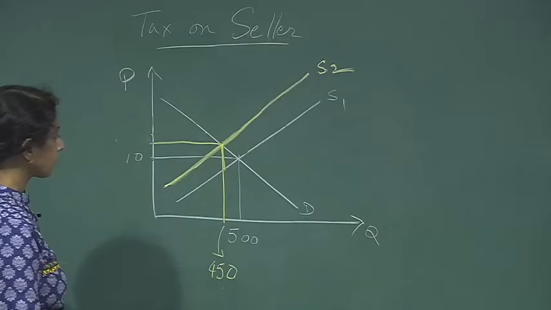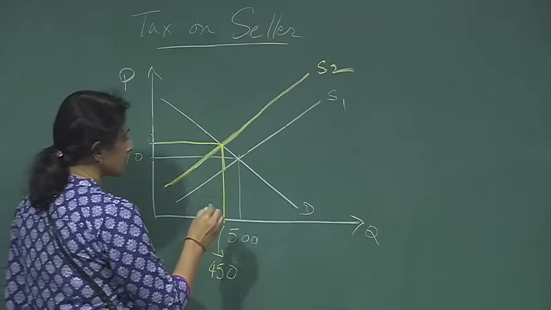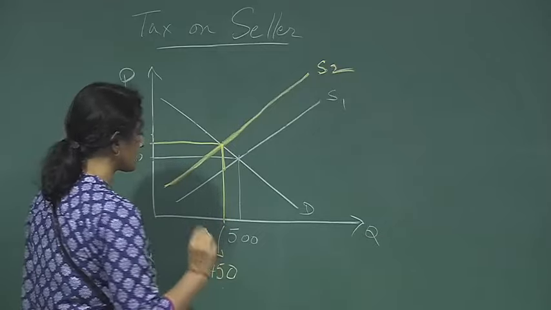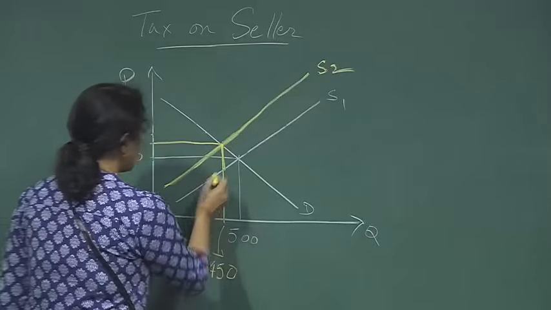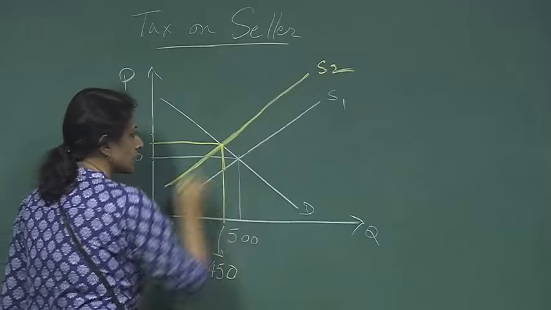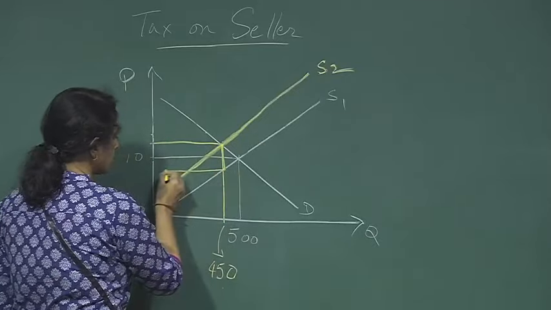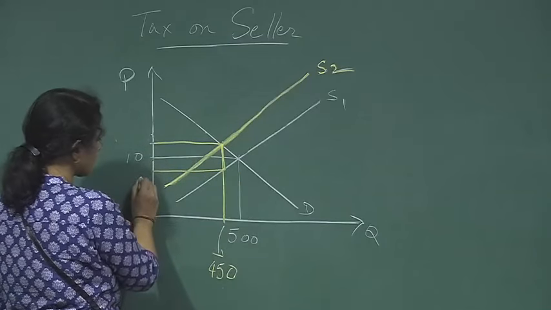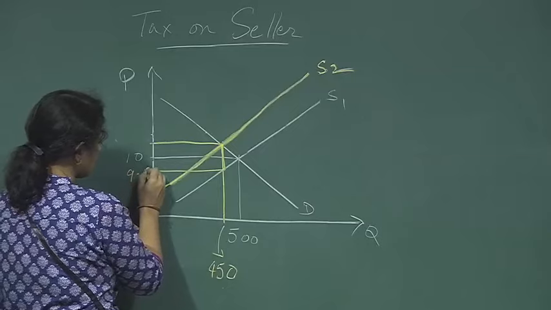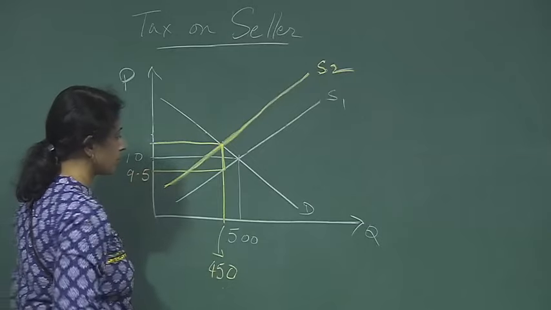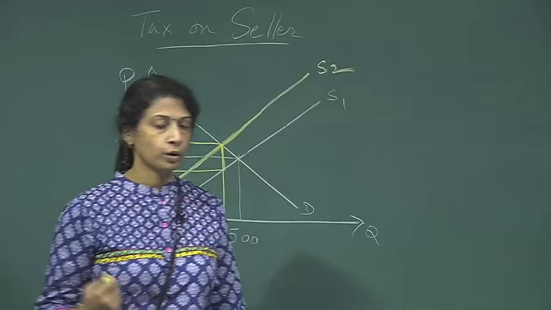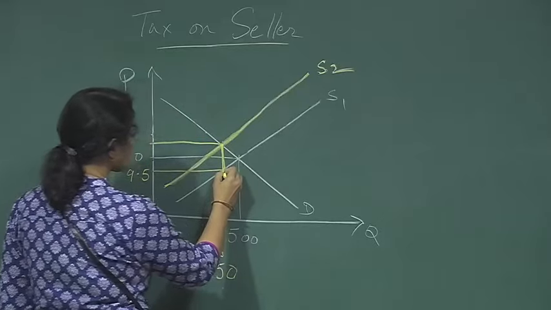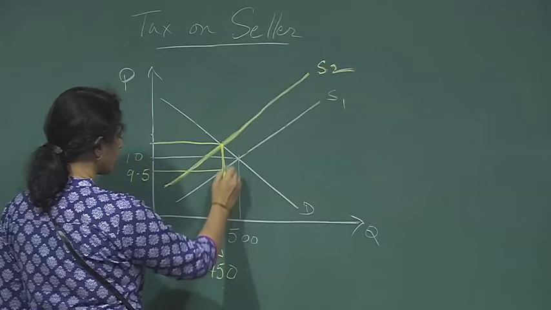By selling 450 units, the seller is receiving a price along the original supply curve, which is less than 10. He is getting, say, 9.5 rupees per unit. He is paying a tax of 1.5 on every product.